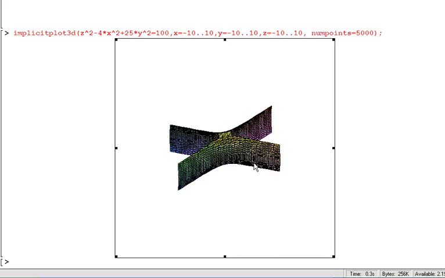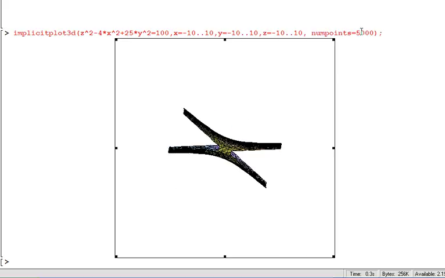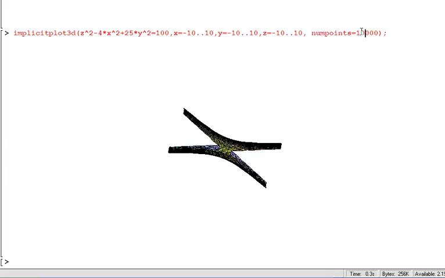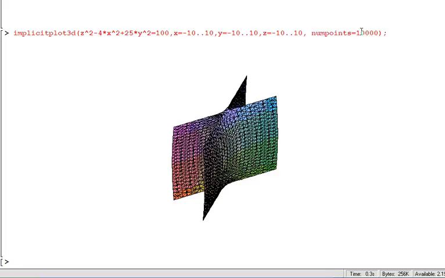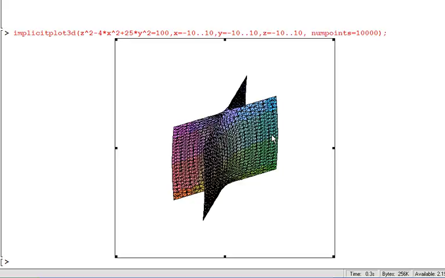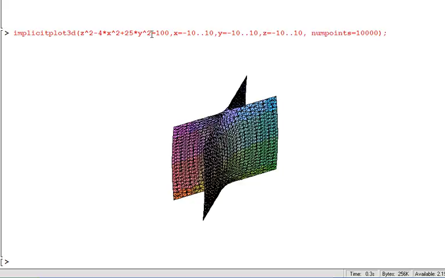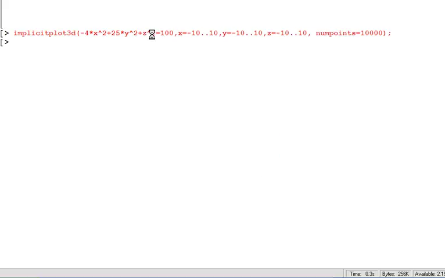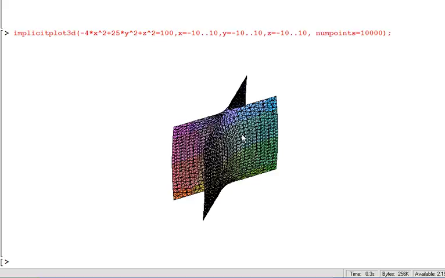Maybe we'll have to put some more points in there. Let's type this in again. I don't think that's what it's supposed to look like. Minus 4 times x squared plus 25 times y squared plus z. Well, that's what it gives us.